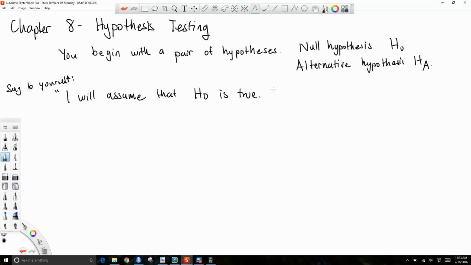And if the null hypothesis is true, then I expect the world to look a particular way.